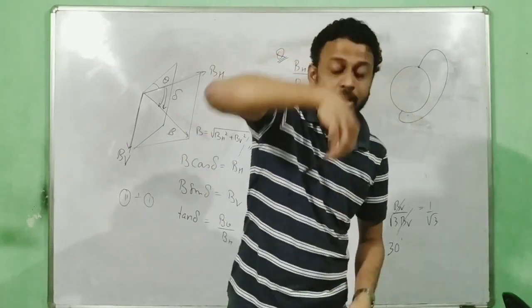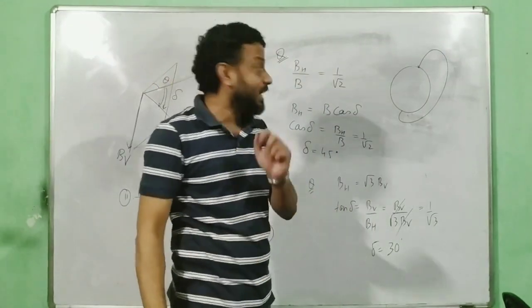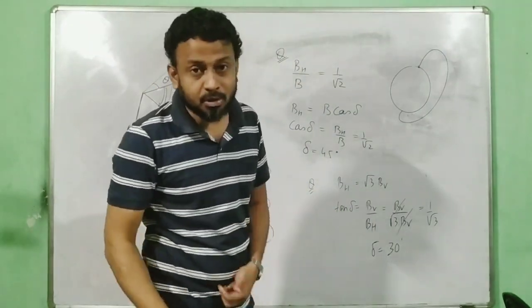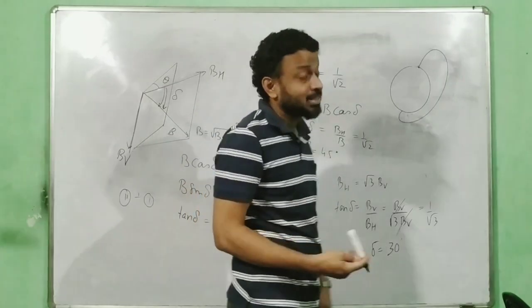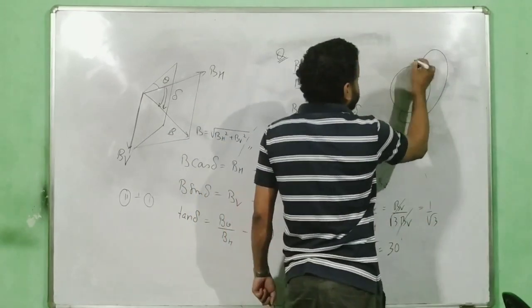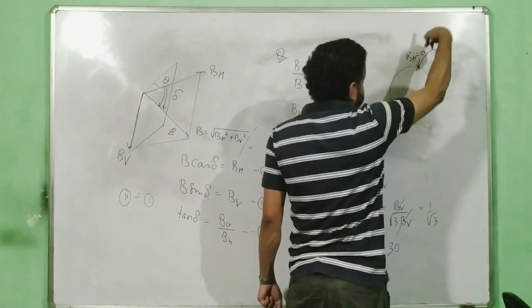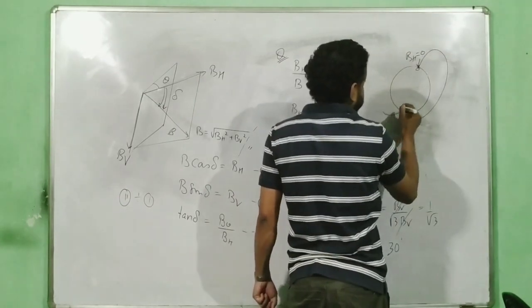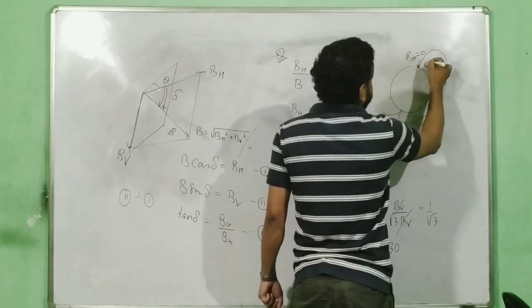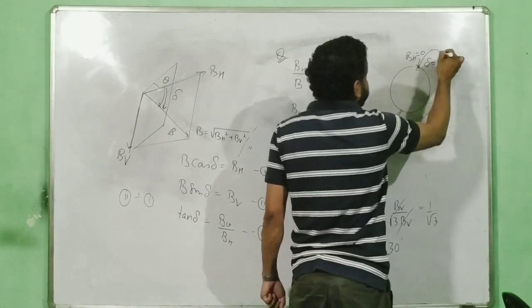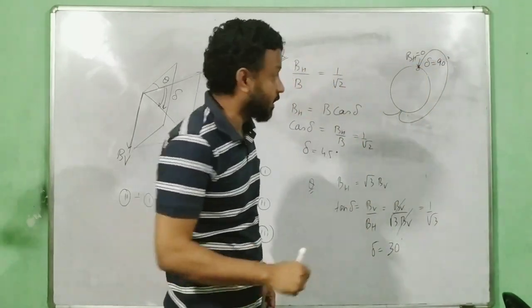So what is the angle of dip at the pole? Angle of dip at the pole is 90 degrees. So what is the horizontal component of magnetic field? Horizontal component of magnetic field is 0, because the entire magnetic field is like this. And here the angle of dip is 90 degrees. This is a very important thing you have to note down.